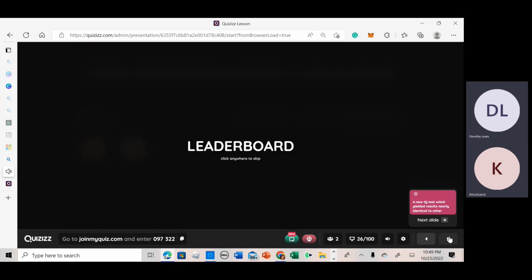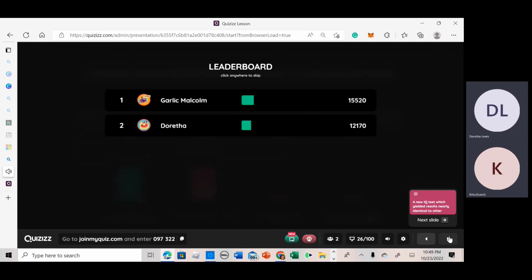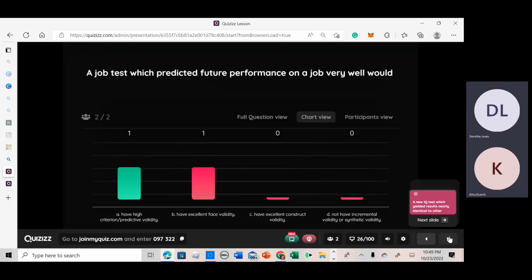A job test which predicted future performance on a job very well would have a high predictive validity.